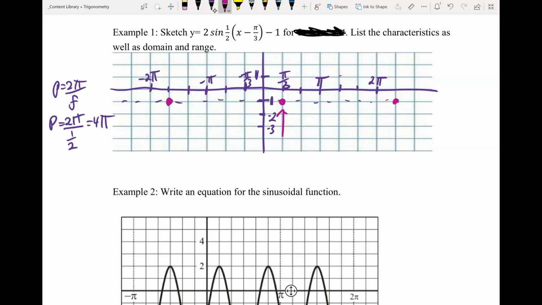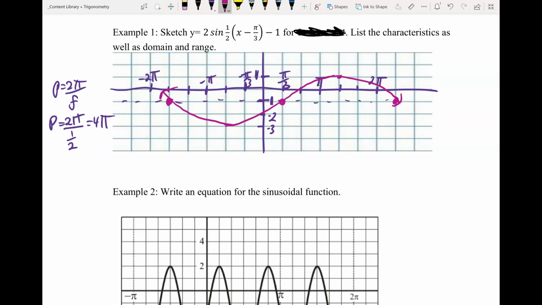So it's going to look something like this for our graph. That is one full period.